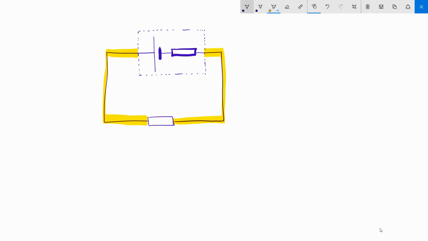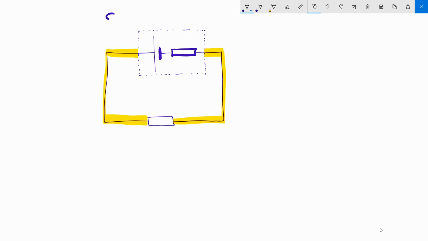All right, so anything highlighted in yellow we're pretending has no resistance, which means that it doesn't use up any voltage. So it's just the resistor that is going to use up some voltage and the cell is going to use up some voltage.